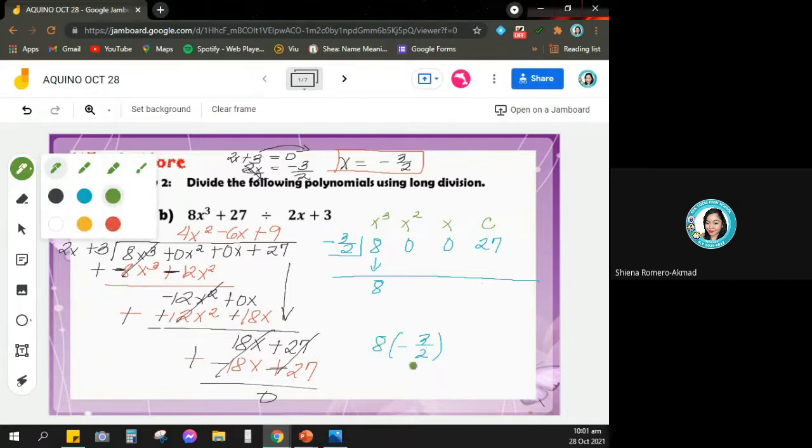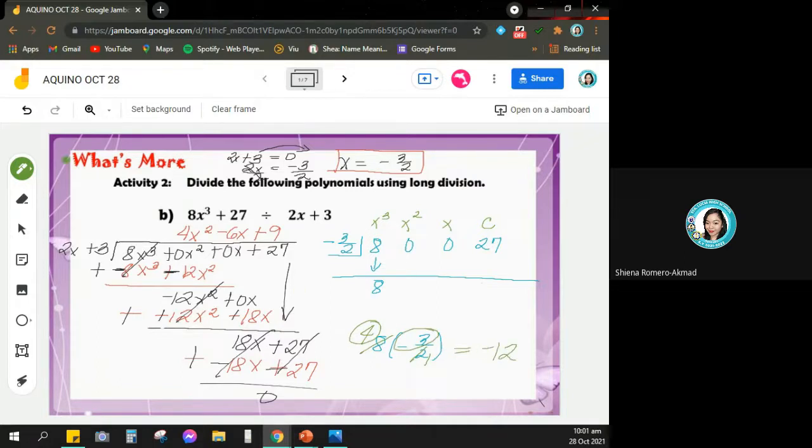So, 2 and 8 are both divisible by 2. So, this is 1. Ito ay 4. So, 4 times negative 3 na lang. So, that's negative 12. Sulat natin doon, negative 12. Plus 0, ang magiging answer natin ay negative 12.